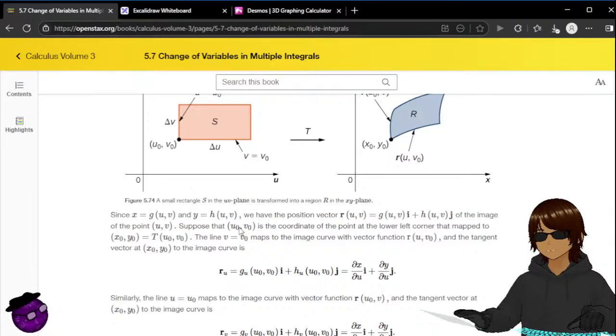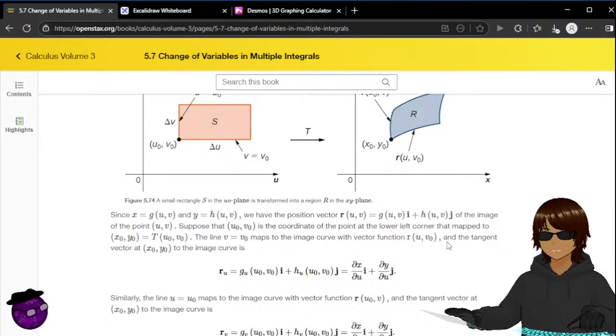Suppose that (u0, v0) is the coordinate of the point at the lower left corner that is mapped to (x0, y0) equal to T(u0, v0). The line v equal to v0 maps to the image curve with the vector r(u, v0), and the tangent vector at (x0, y0) to the image curve is this.